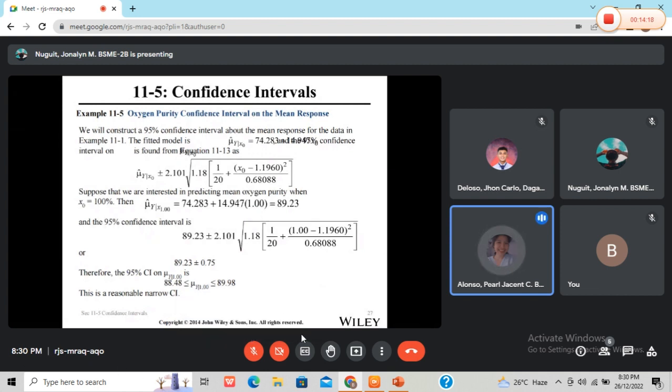So, example 11-5, oxygen purity confidence interval on the mean response. We will construct a 95% confidence interval about the mean response for the data in example 11-1.